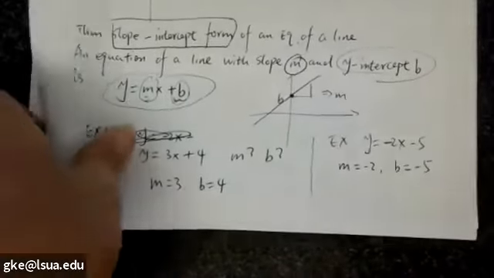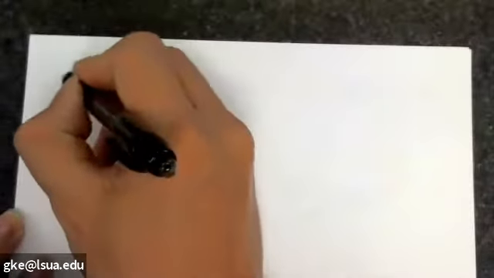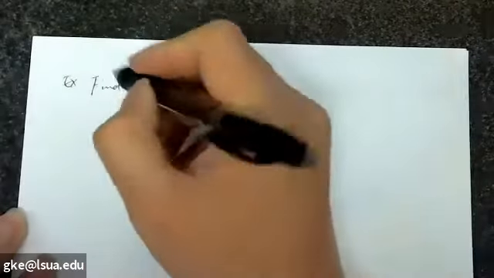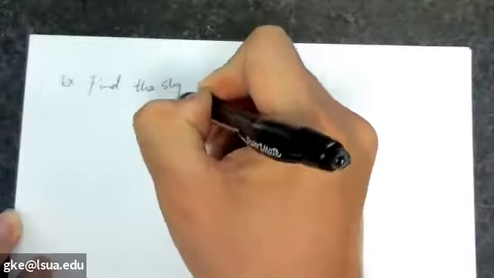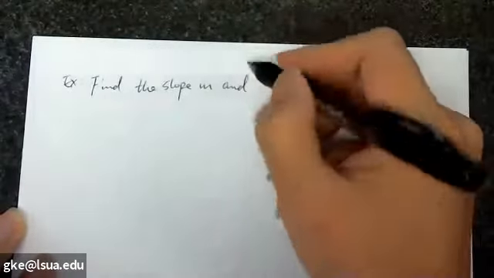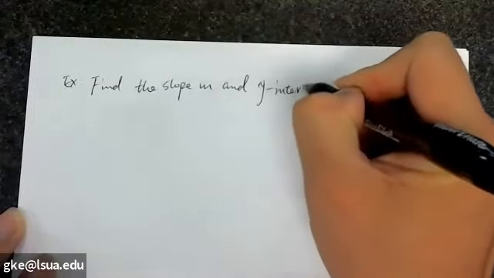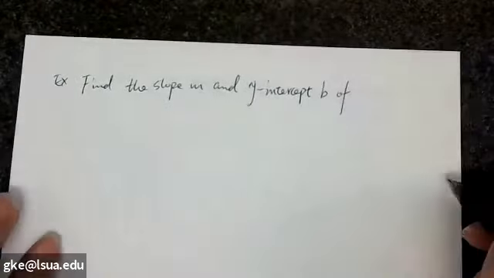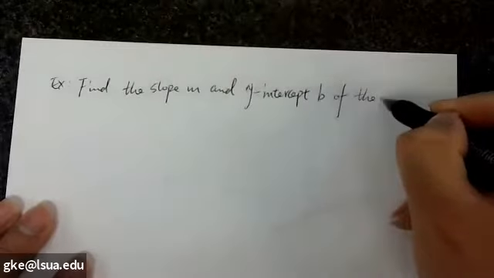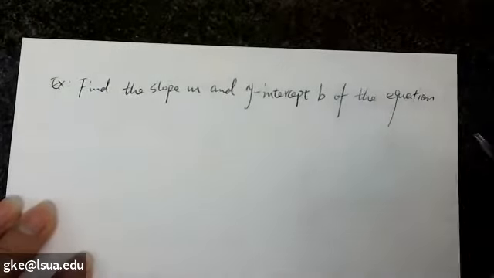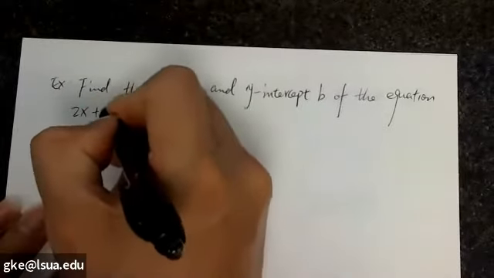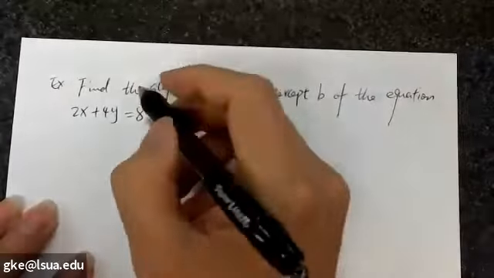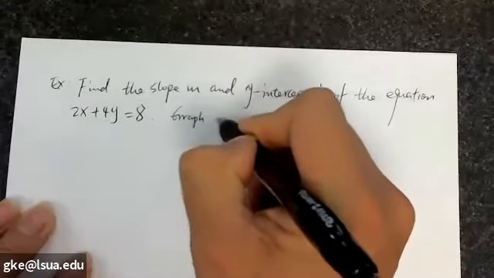For example, find the slope m and y-intercept b of the equation 2x plus 4y equals 8, and graph the equation.